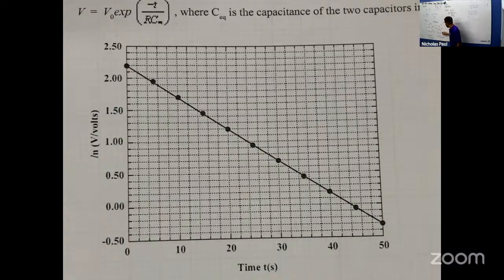All these should be T. Normal T is normal T, but RC is the tau. Sorry about that.